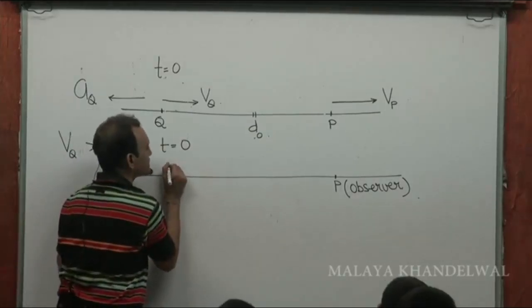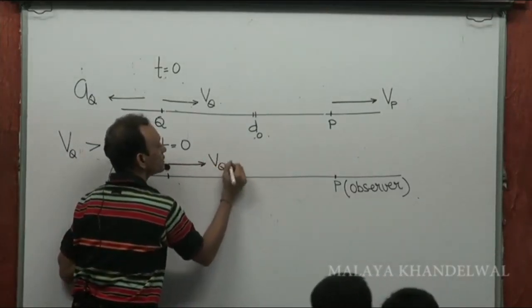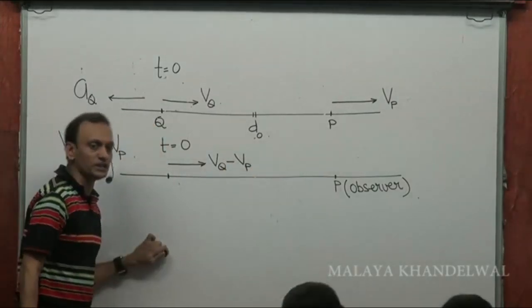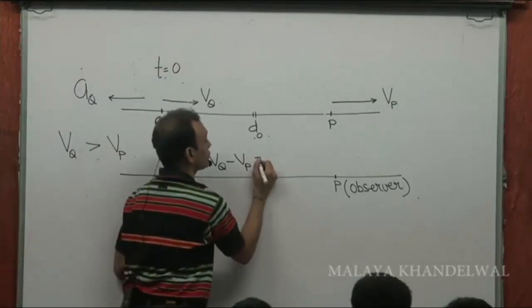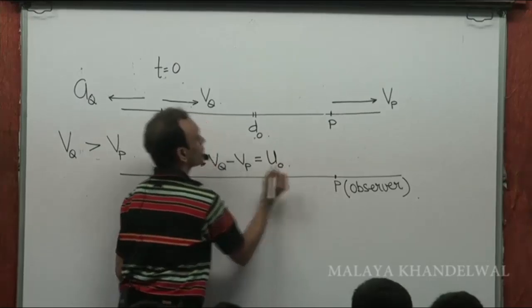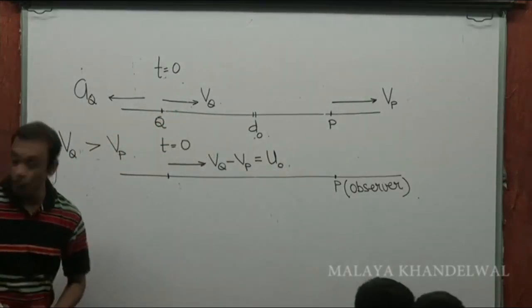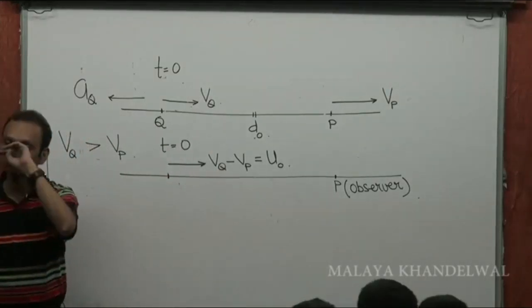So in the equivalent state, the velocity of Q is going to be Vq minus Vp to the right, right? That's the velocity at time t equal to 0. That's the initial velocity of Q at time t equal to 0 as seen by P.